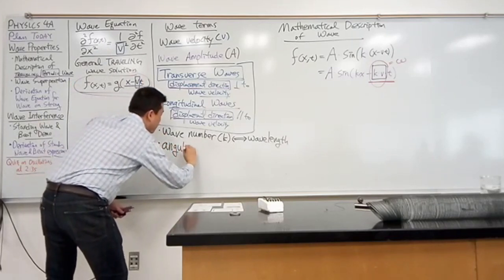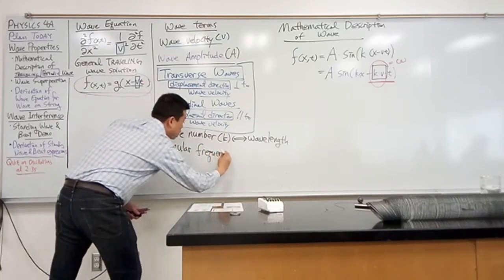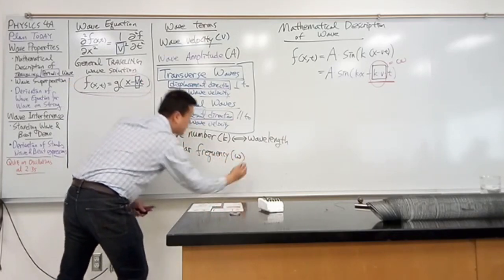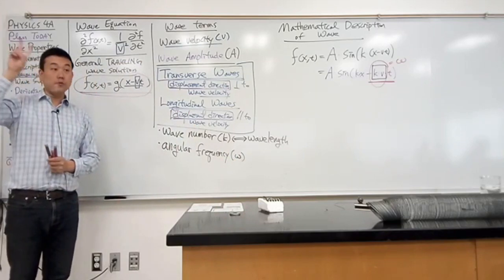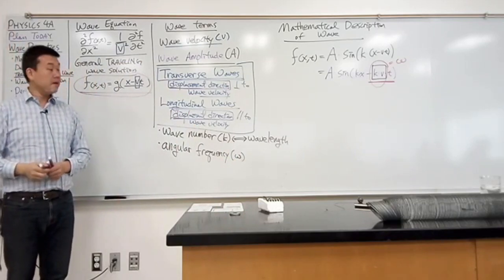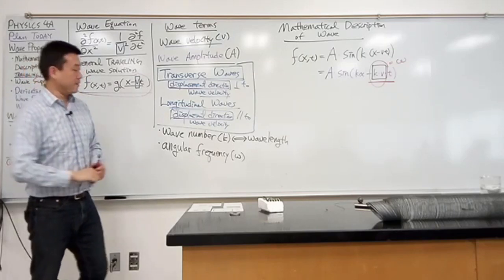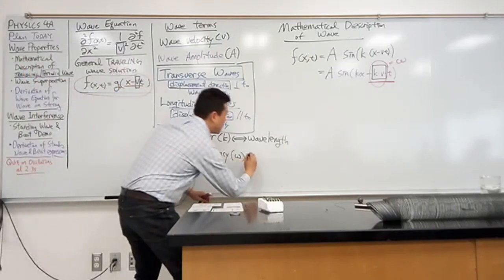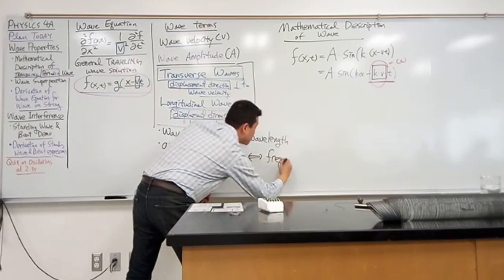So we can talk about the angular frequency of a wave, of a periodic wave. And this will be related to at least two more quantities that you have seen. And this is a matter of remembering the definitions and not forgetting them. Angular frequency is related to plain frequency.